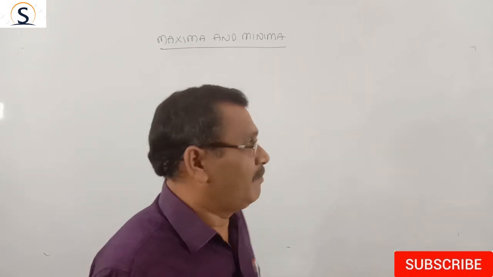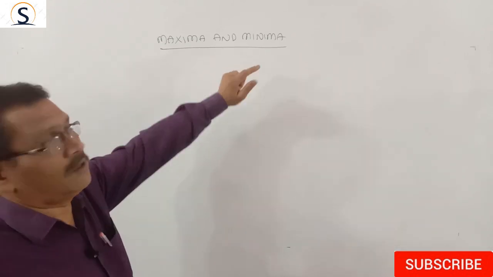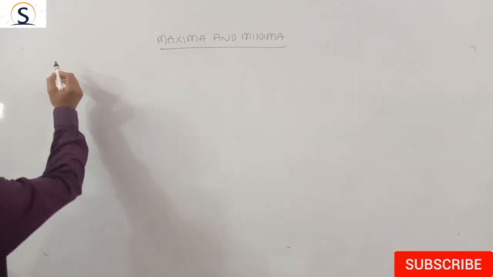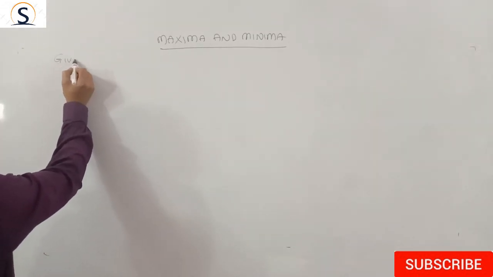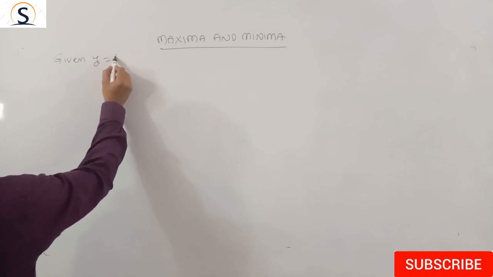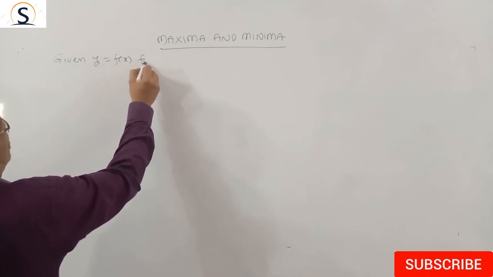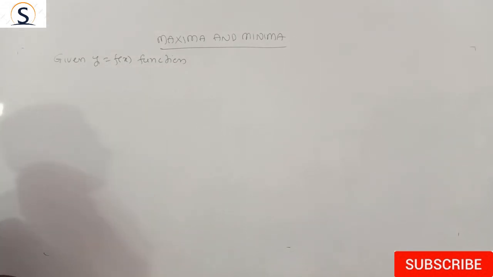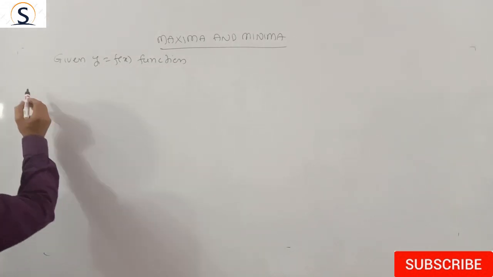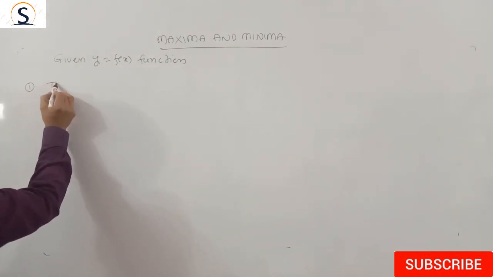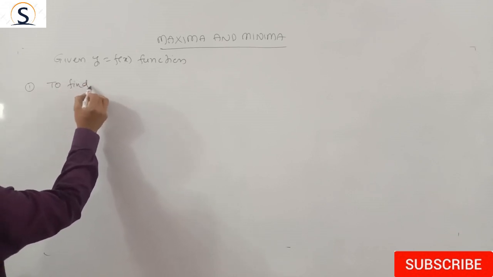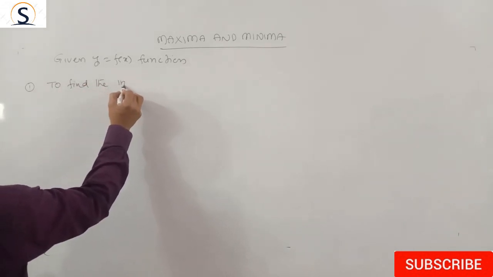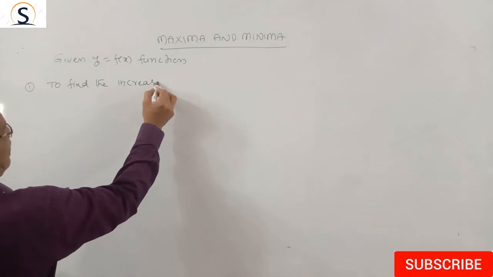Now let us come to maxima and minima. Here the given function is y is equal to f of x, a single variable function. The first point is to find the increasing interval.